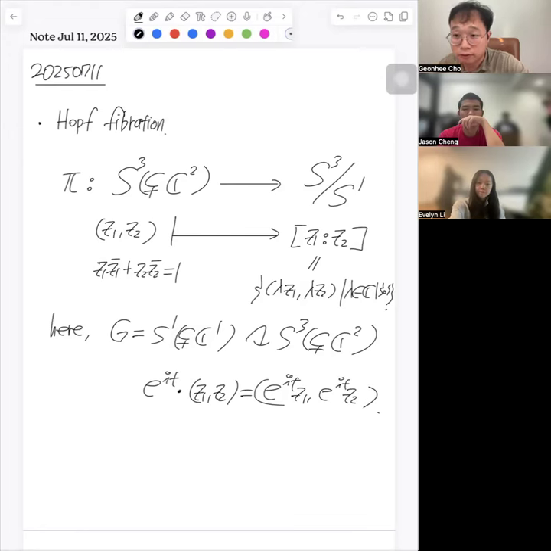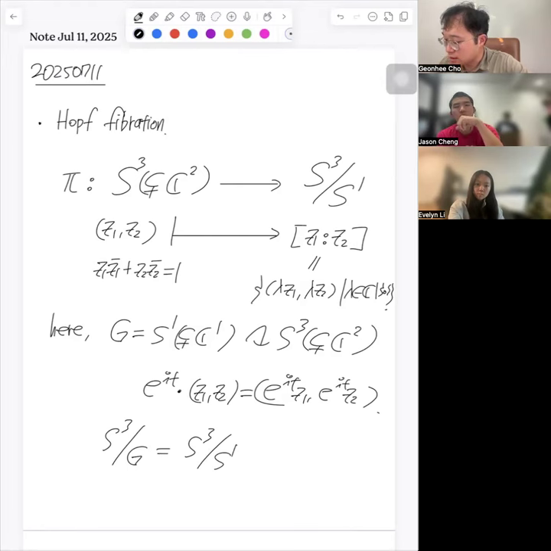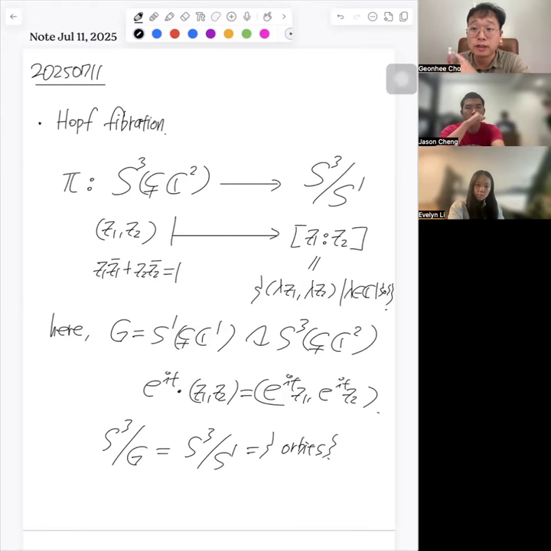So we define S3 quotient by this G, or S3 quotient by, in this case, S1, which is just the collection of the orbits. Is that okay with you? Collection of the orbits. If the terms are not concretely clarified for any of you, please let me know. So we put this as the domain, codomain of the function pi.